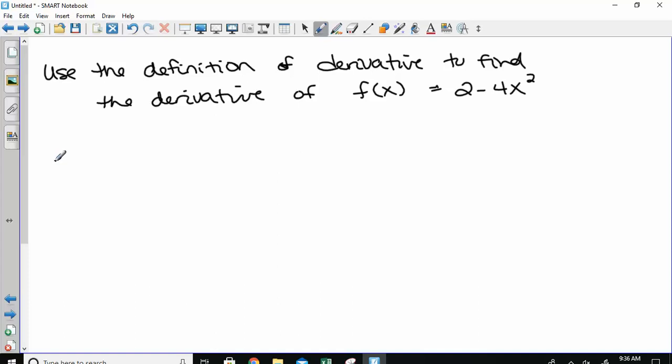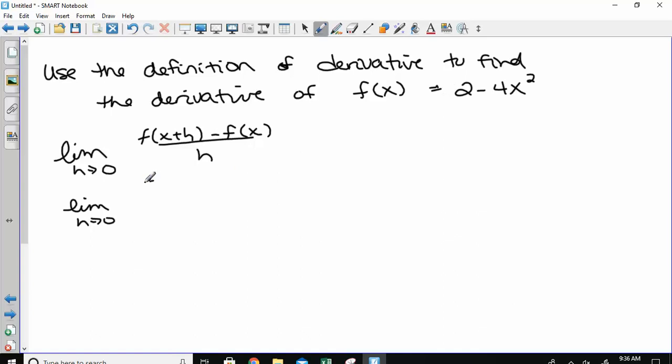What is the definition of derivative? f of a plus h minus f of a. You can do either f of x plus h or f of a plus h. They are going to be the same. So we take the limit as h approaches 0.